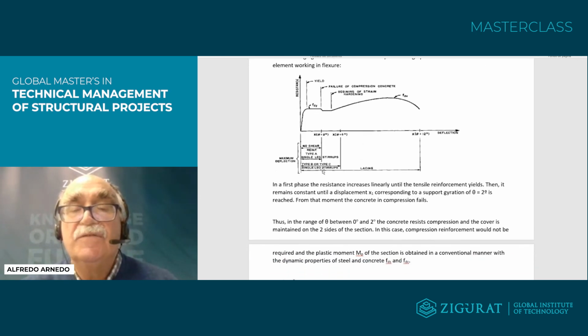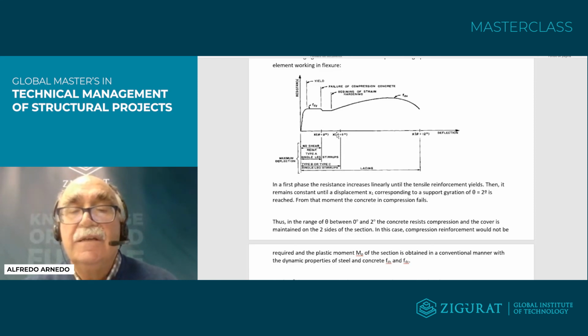This is a very useful, very educational figure. This is the behavior of the resistance of a concrete section, and this is the deflection. We can reach at last more or less 12.